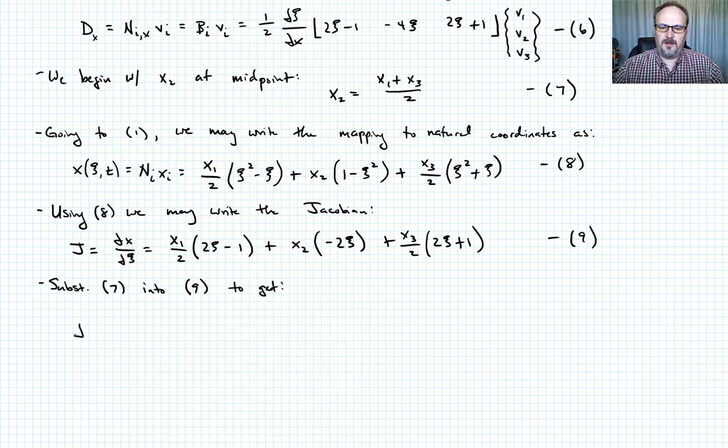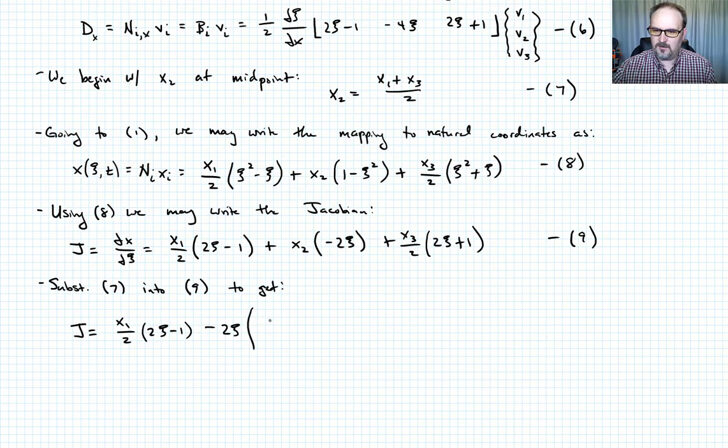If we do that, we end up with J equal to x1 over 2 times 2c minus 1, and now I'm just going to plug this in. This is minus 2c times the quantity x1 plus x3 divided by 2, that's what we had for x2. And then we have plus x3 over 2 times 2c plus 1.